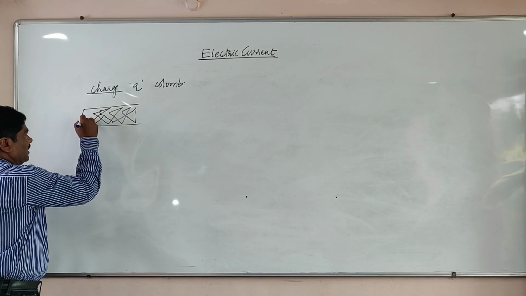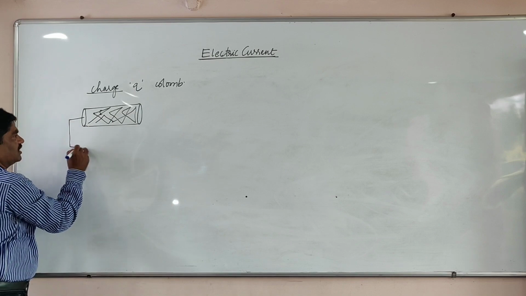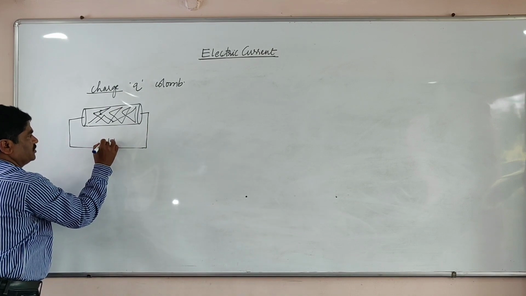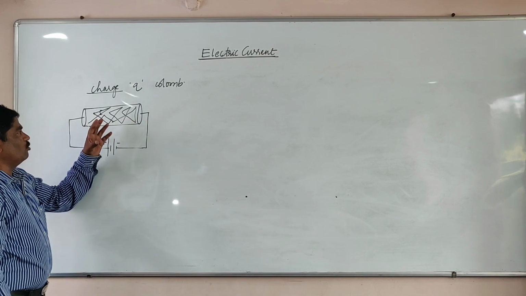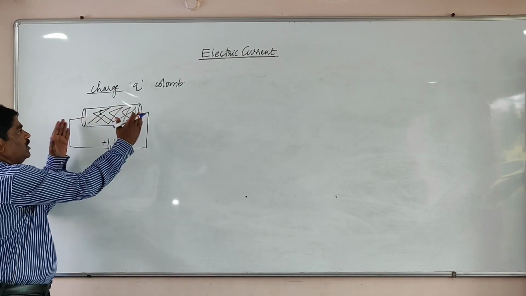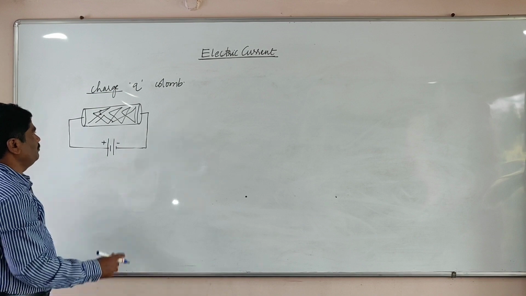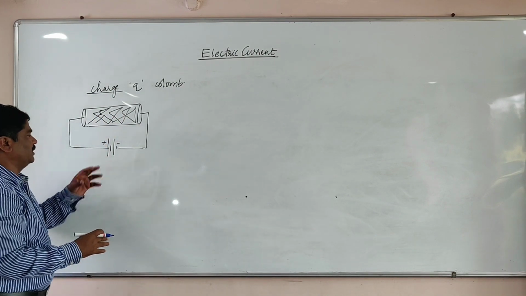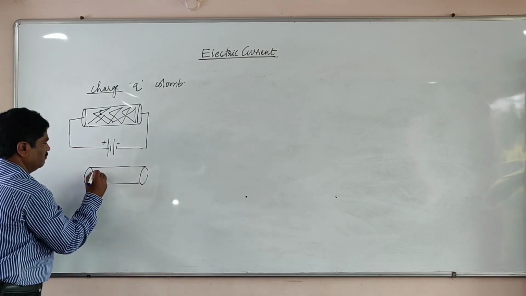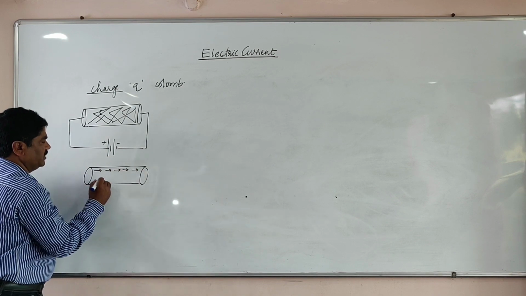But when the conductor ends are connected to an external electric field like a battery, which has a positive end and a negative end, the random motion of electrons is regularized, because the terminals are polarized, one plus and the other minus. Thereafter the electrons in the conductor are set in a regular motion from one end to the other end.